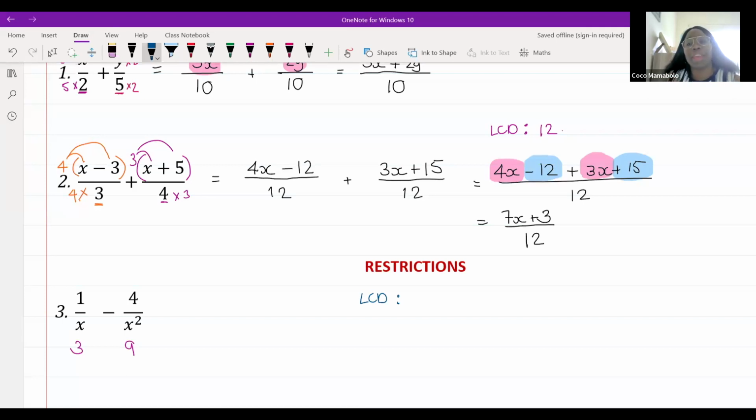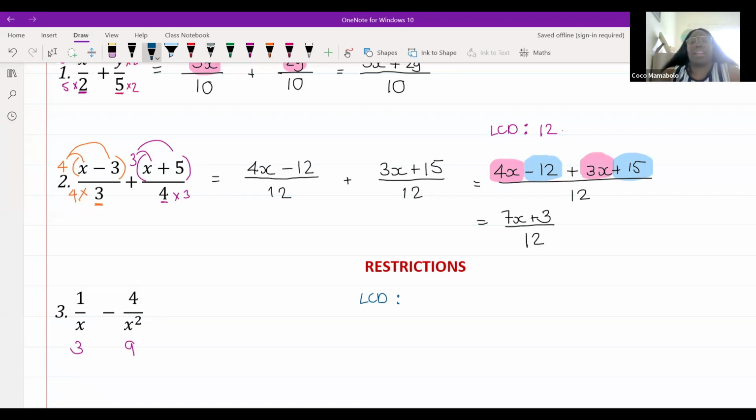Think about a number that both 3 and 9 can divide into. What number is that going to be, guys? Not 18. It's a lot closer than we're thinking. It's not that complicated. It's not 27. Think about it. That's it.